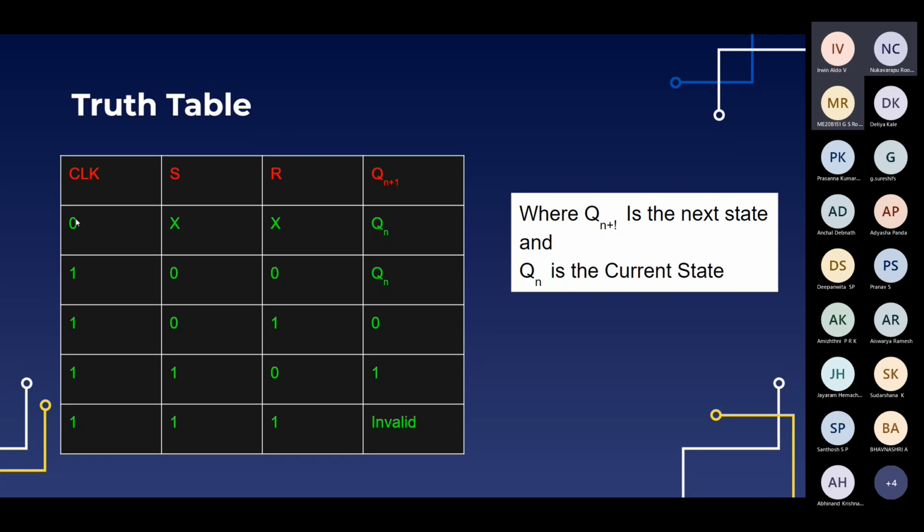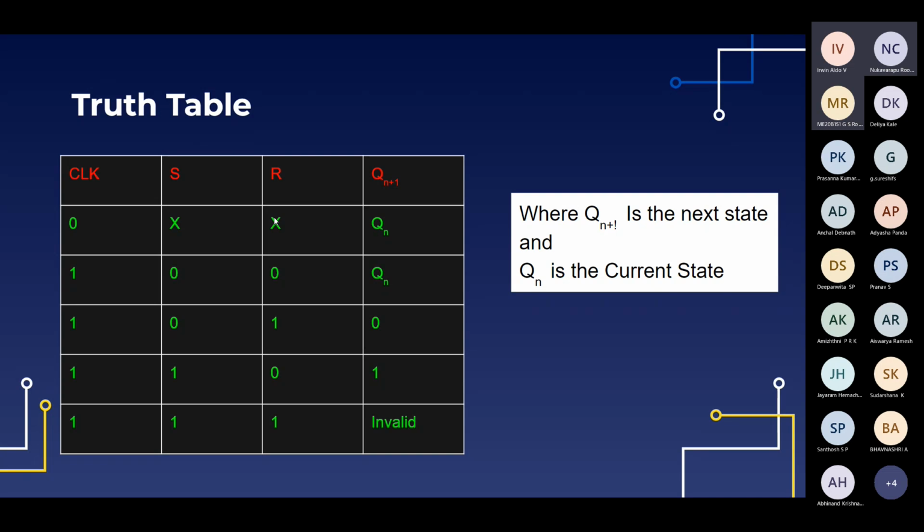Now you can clearly see that under the clock column there are values like 0, 1, 1, 1. Actually, this 0 does not represent the exact value of the clock. 0 here represents the untriggered state, and 1 represents the triggered state. Please note it. Whenever the clock is not triggered, whatever values of S and R we give, we are not allowing the inputs to come in, right?